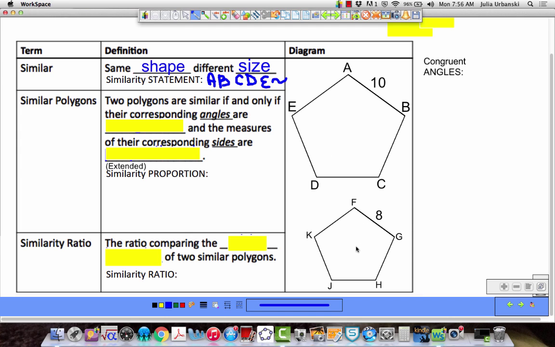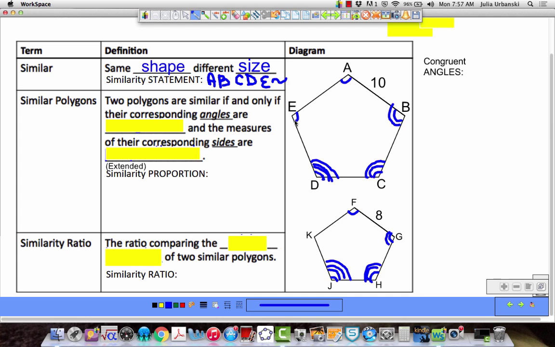Now the thing is to make this one line up correctly. So if we say that A is congruent to F, and we say that B is congruent to G, and we say that C is congruent to H, and J, now I have to put 4, because they have to match each other but not match the other ones.